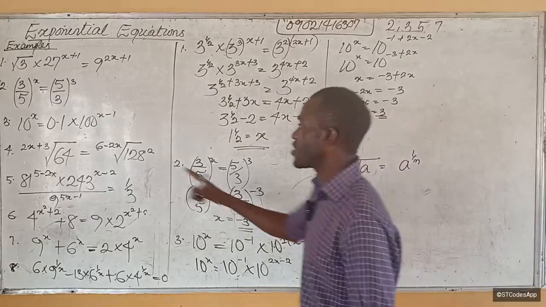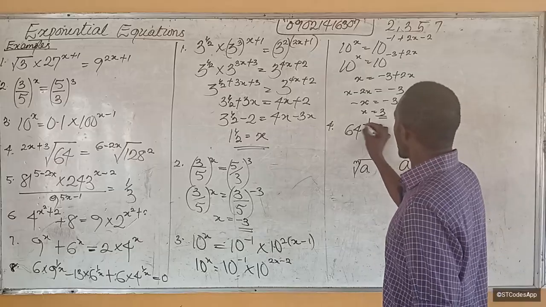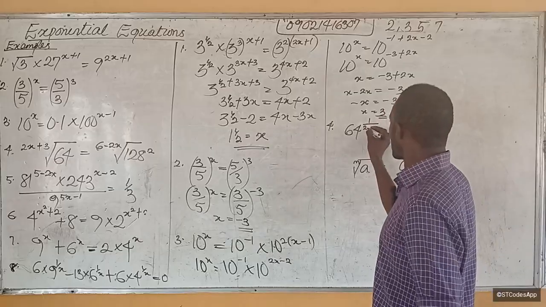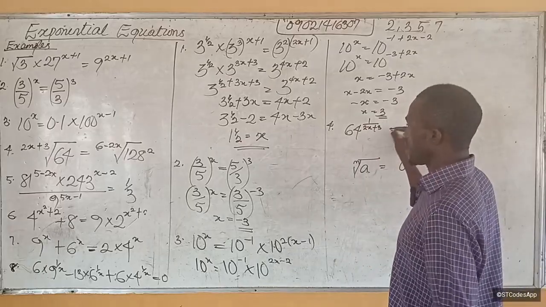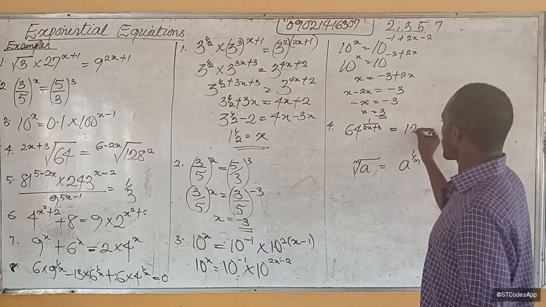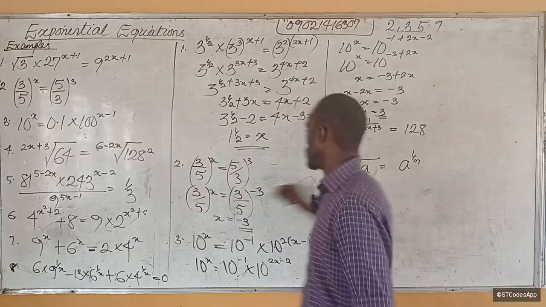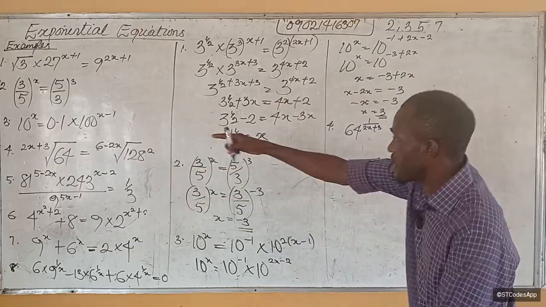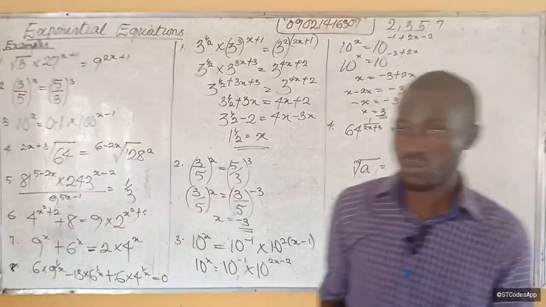Okay, so if I have this root of this, then it becomes 64 raised to power 1 over that expression 2x plus 3. Is it clear now? Then that is equal to 128 raised to power, this is a power here, so it becomes 2 over that expression 6 minus 2x. I hope I have not confused you.